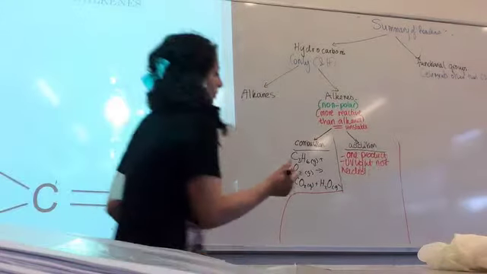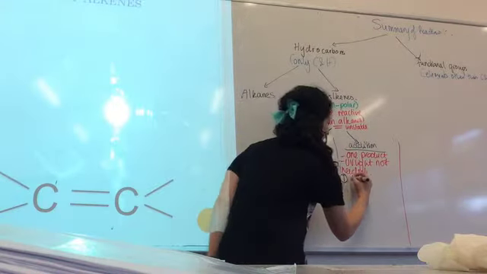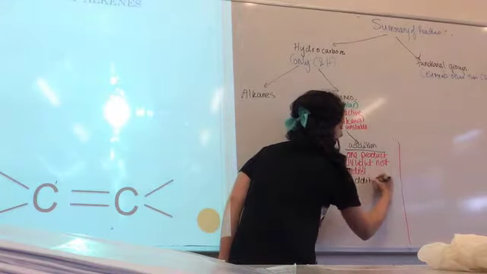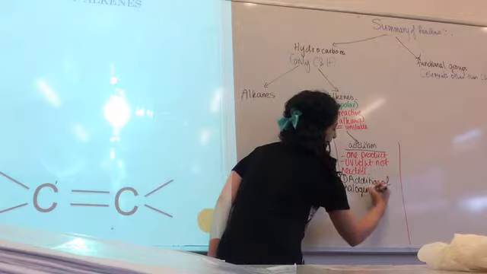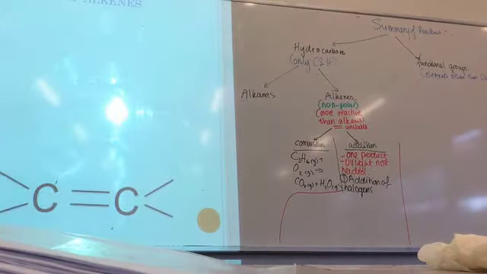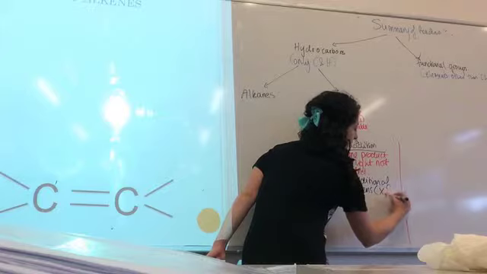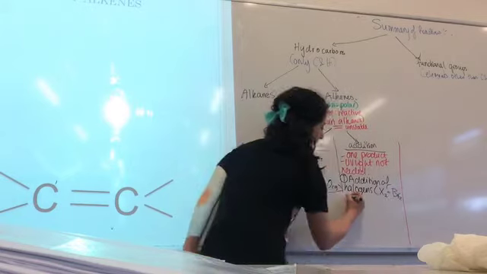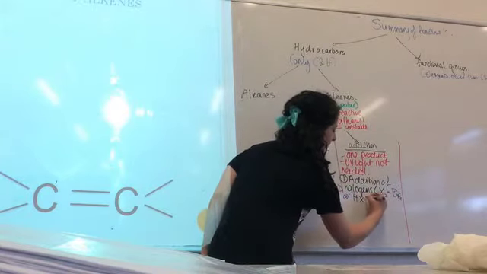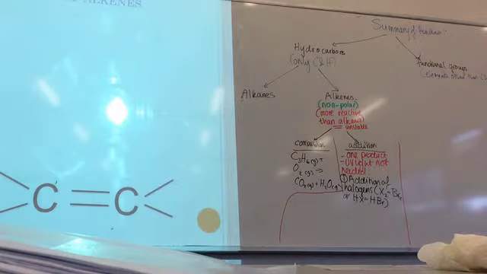Okay, now the first one, we may want to talk about addition of halogens, as X2, so example bromine, or HX, for example HBr. So addition of halogens.